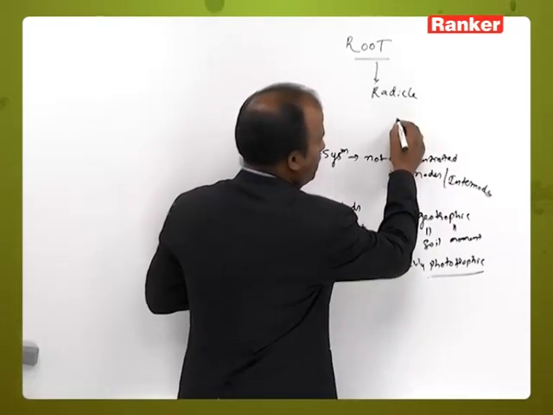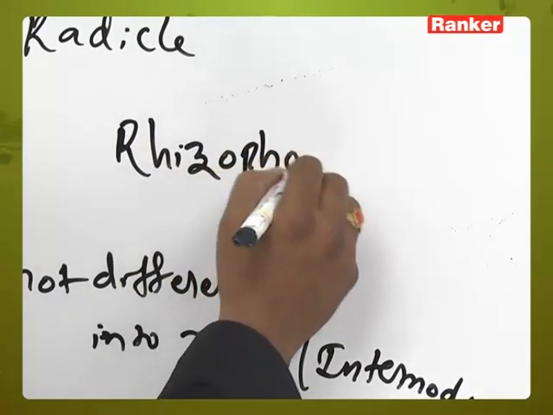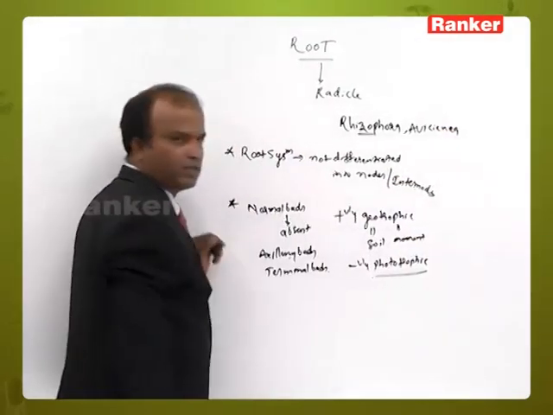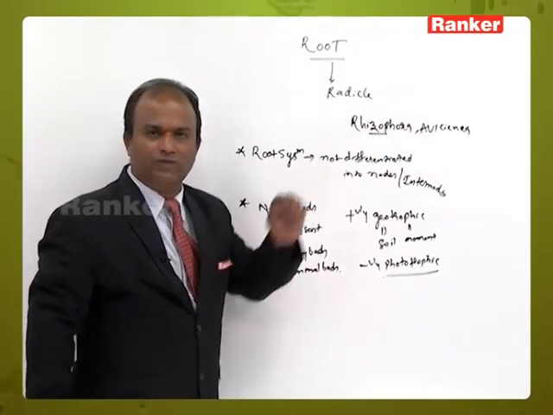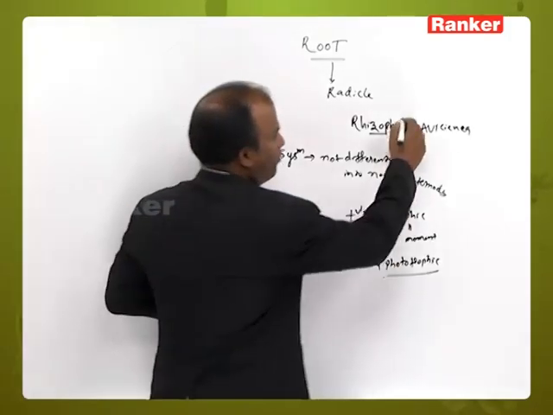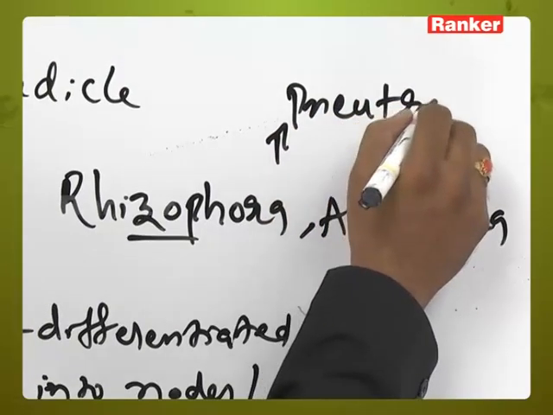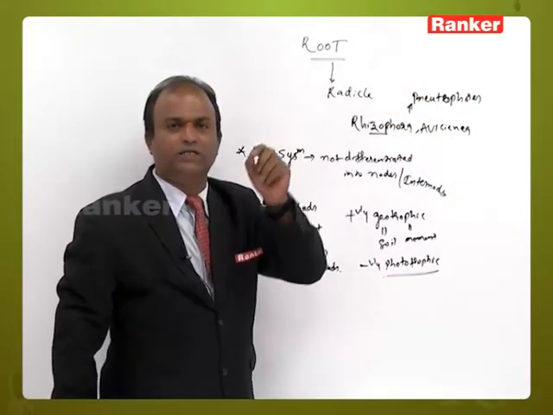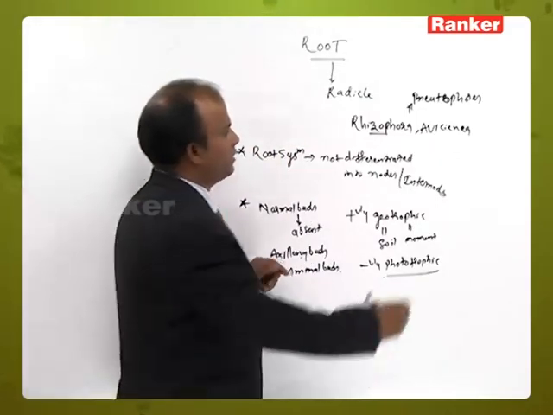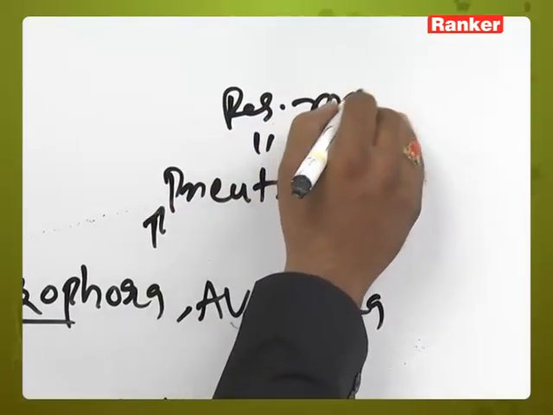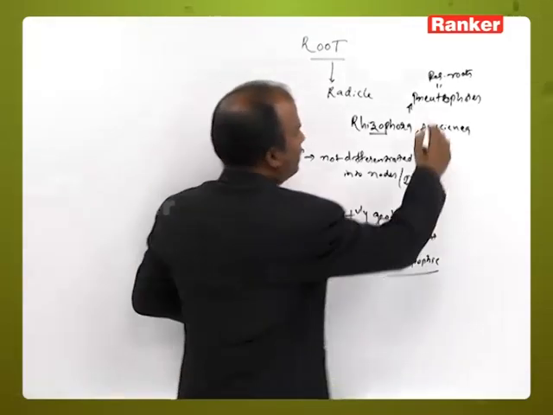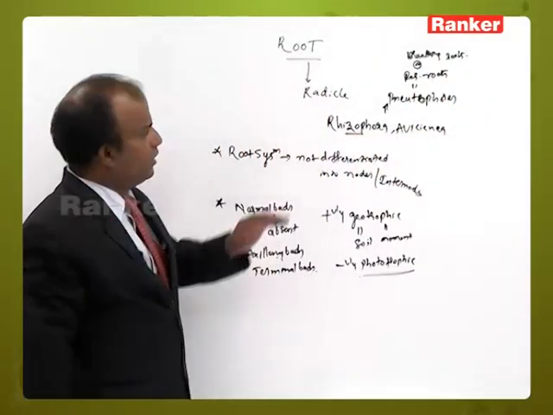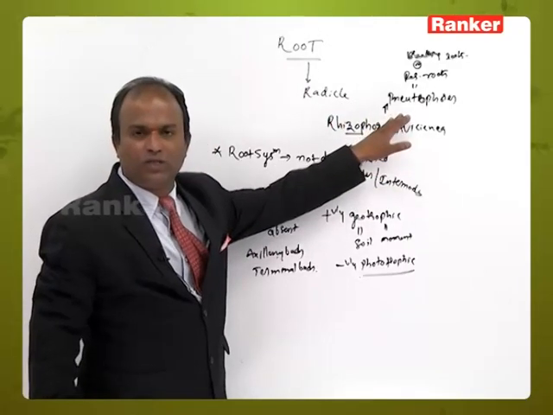Because in plants known as Rhizophora and Avicennia, there is a root modification called pneumatophores. Pneumatophores are also called respiratory roots, or breathing roots.